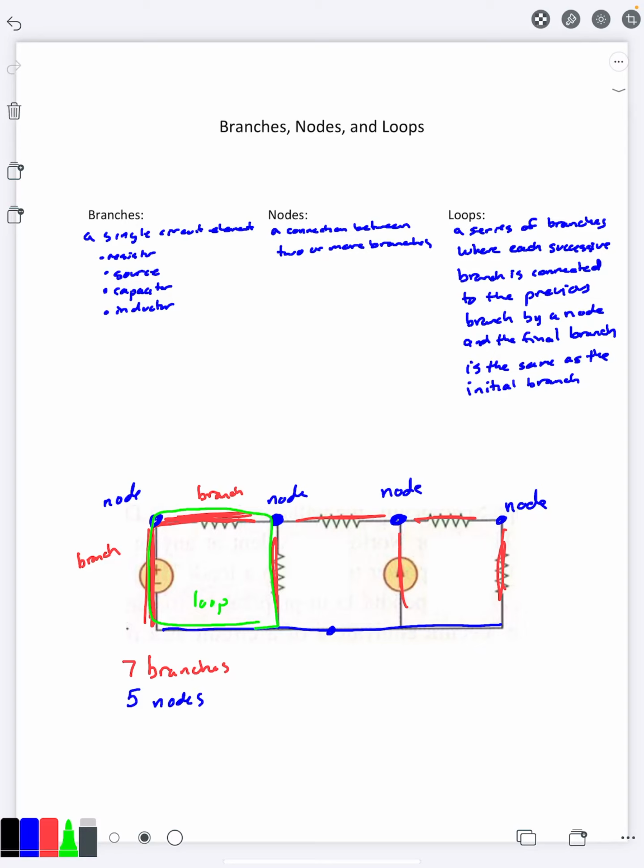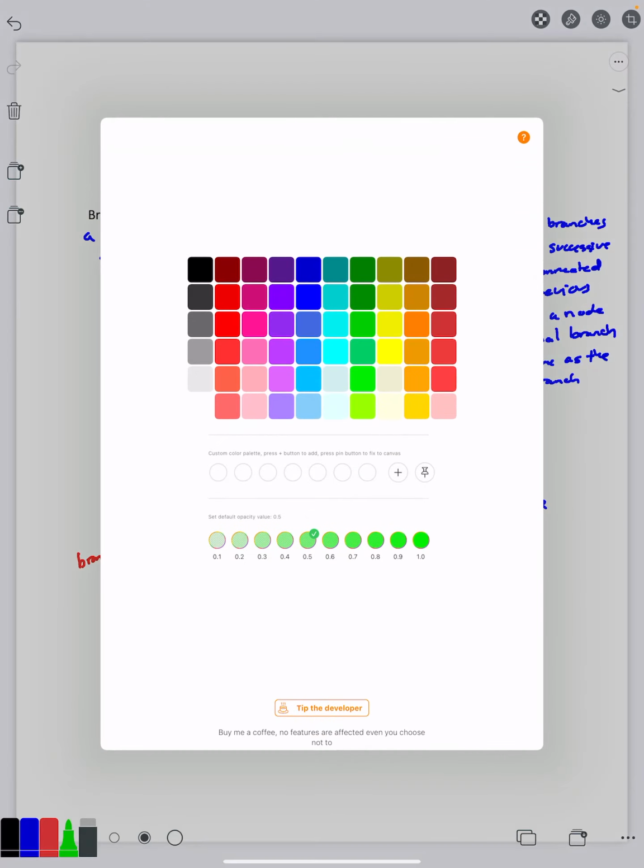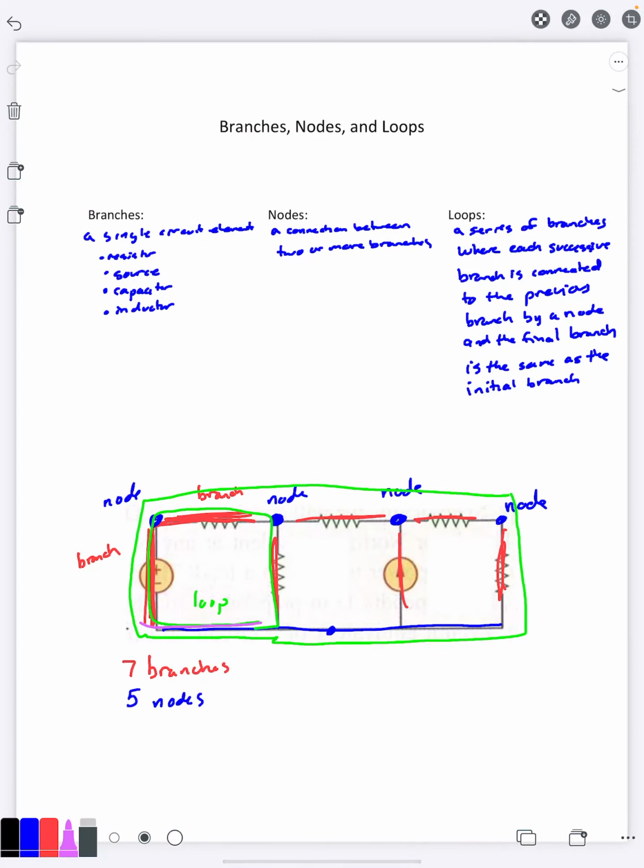However, we could have also done a loop that looks like this, or we could do other loops. We could even get really interesting and say, let's go here, and then here, and then back. And you can have these weird circular loops here. So really, especially if you think about going around more than once, you can have infinitely many loops.